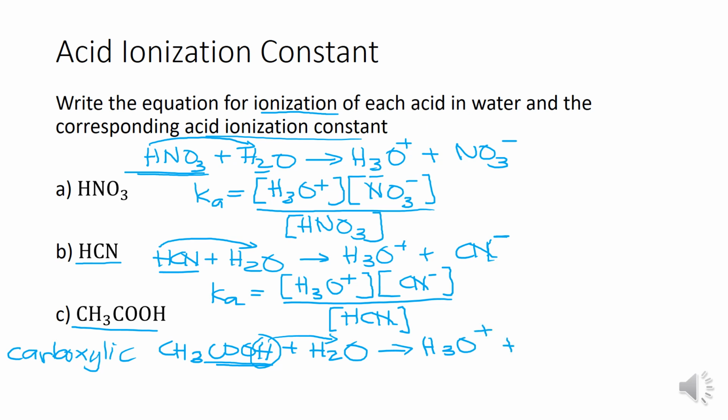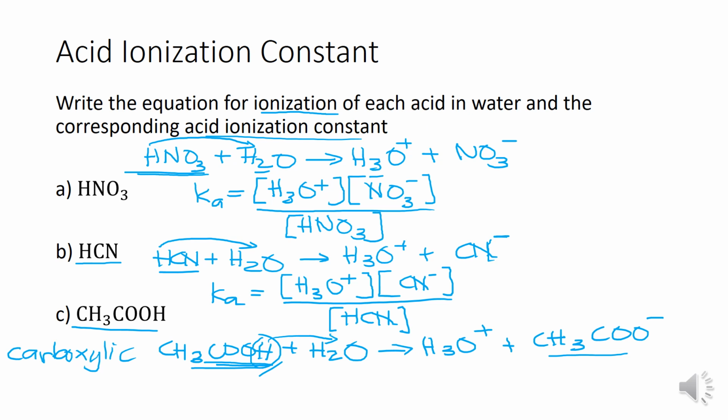And the other ion is again the remainder of the original acid. Since acetic acid is neutral and it lost a hydrogen ion, the charge of this acetate ion is 0 minus positive 1, that is negative 1.